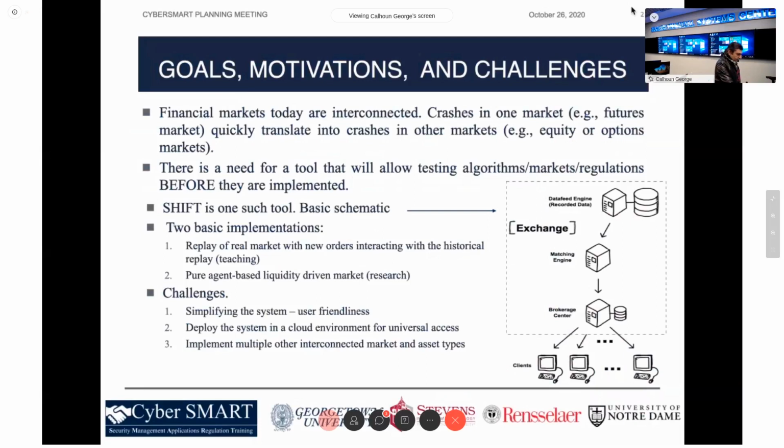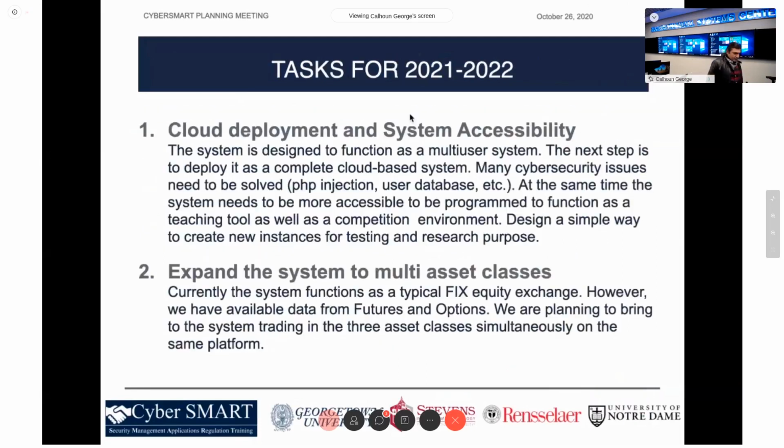Number one is the system is very, very complex. The entire system is written in C++. We connect every piece of it with the FIX protocol. So it's really realistic, but being so realistic also makes it very complex. So there is a learning curve to starting to utilize the system, and that's what we need help with.